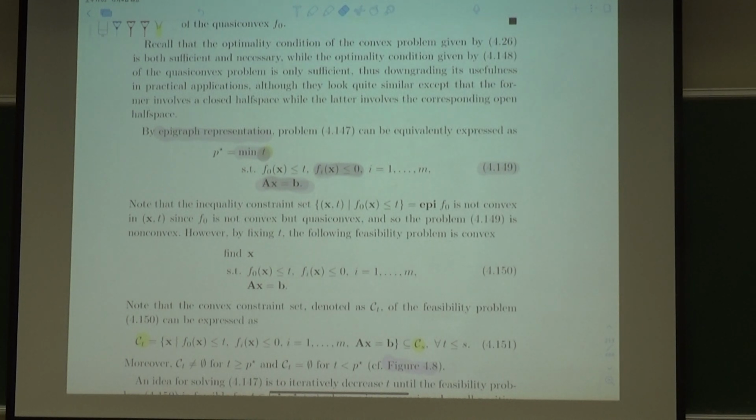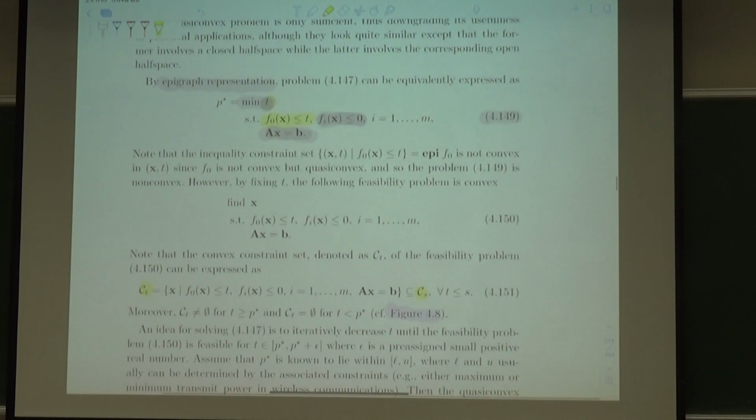Because f0(x) is quasi-convex, f0 less than or equal to t is a sub-level set. If you fix t, this is convex. If t is fixed, it's a sub-level set, so it's convex. So you can only fix t. Otherwise, the feasible set is not a convex set.